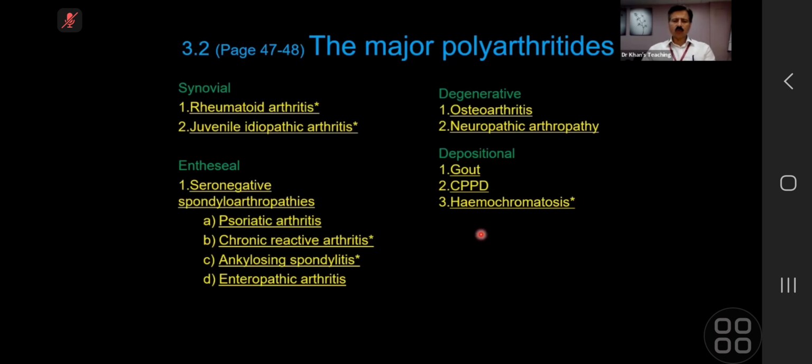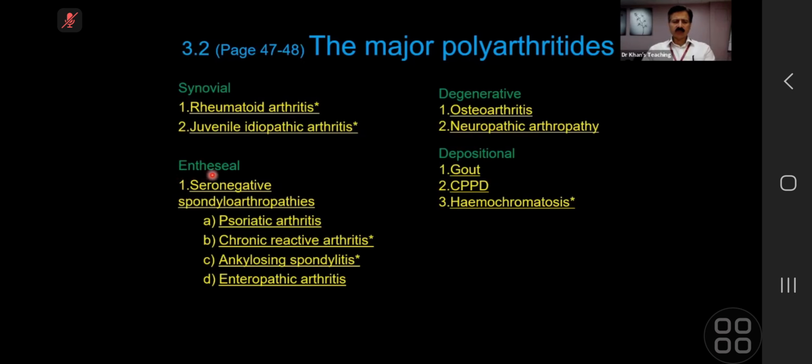So let us have an overview of this chapter, the major arthritis or the major problems which we will learn today. As far as synovial is concerned, we'll see rheumatoid arthritis and then JIA.